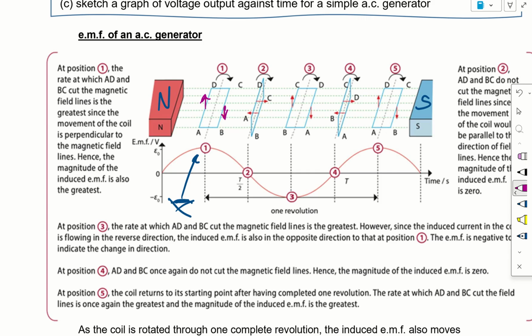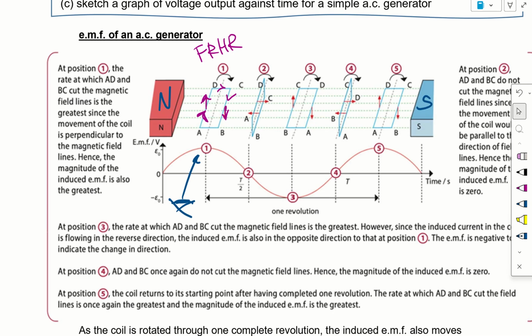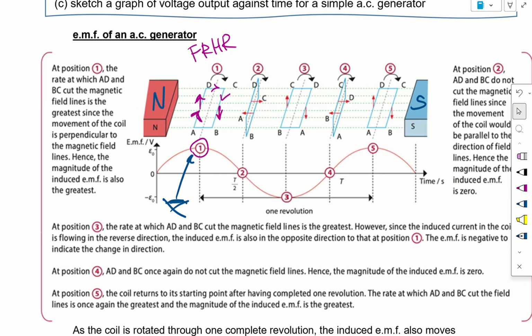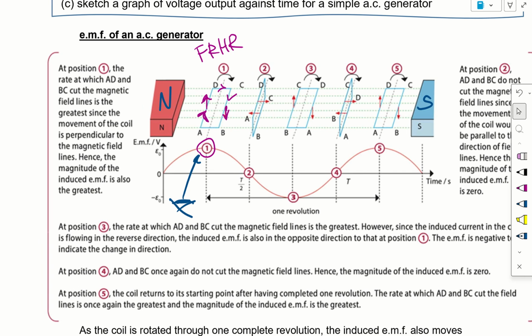So if we apply Fleming's right hand rule, we'll see that the current is actually, let's see, please use the correct hand, the right hand. The current will be going from A to D and C to B. So at this position, position 1, the magnitude of the induced EMF is the highest.